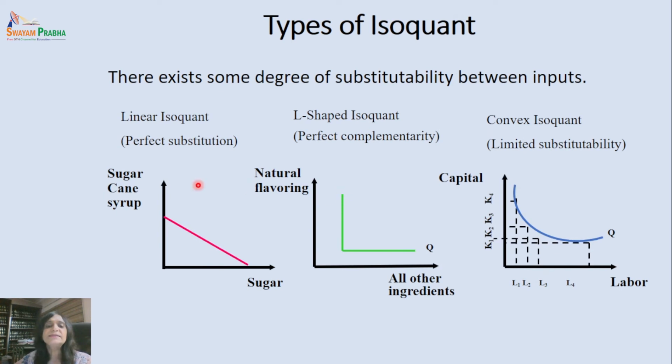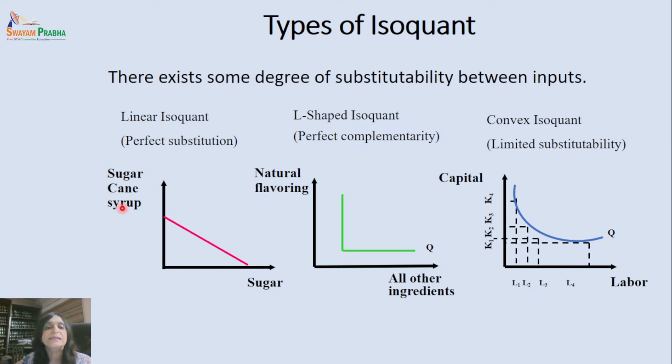Okay, now these are some of the types of isoquants that we have. The first is a case where your isoquant is a linear isoquant, or a straight line. When will an isoquant be a straight line? It will be the case when these two inputs that we are using in the production of something are perfect substitutes for each other.